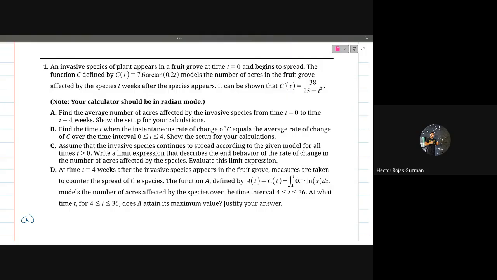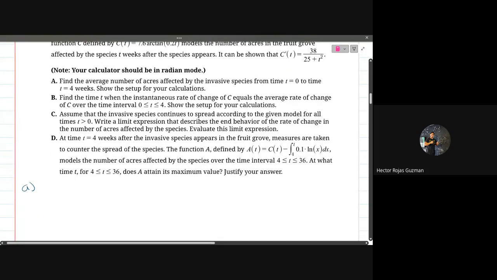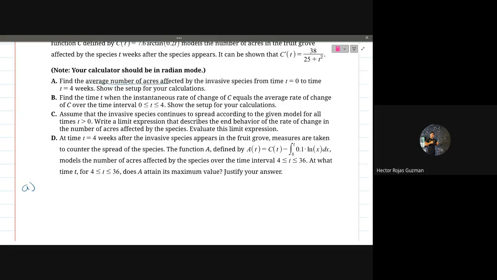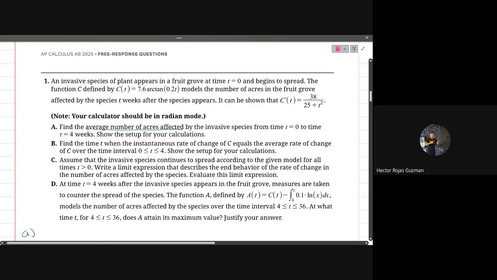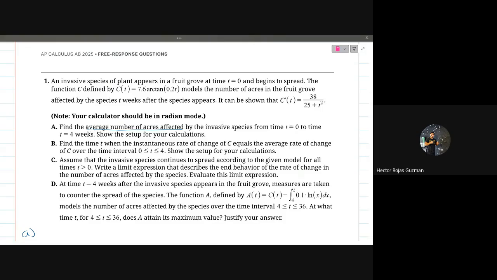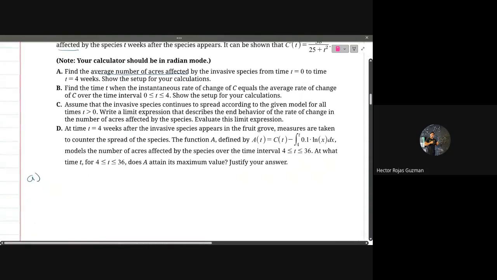For part A, if you want to find the average number of acres affected, you got to really carefully approach the question. Again, we want to find the average number of acres affected. If you read the question, the equation that they give us, C of t, represents the number of acres in the fruit growth affected. So that's literally going hand in hand with what the question is saying.